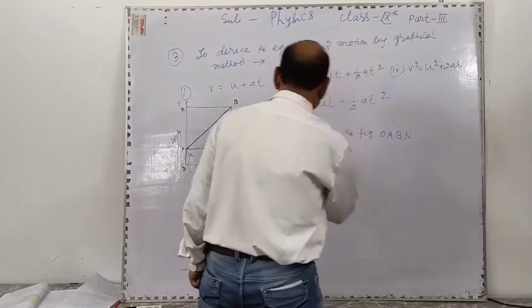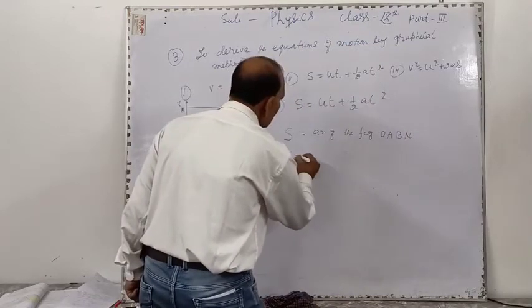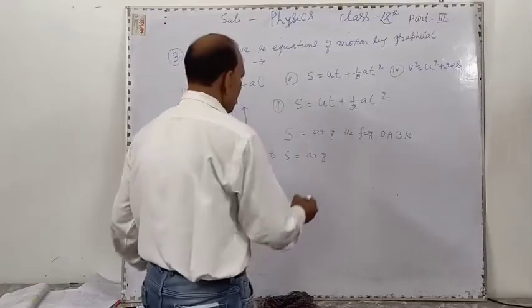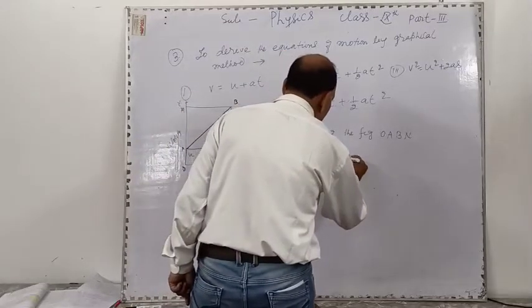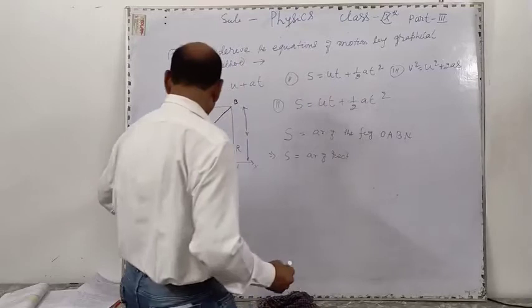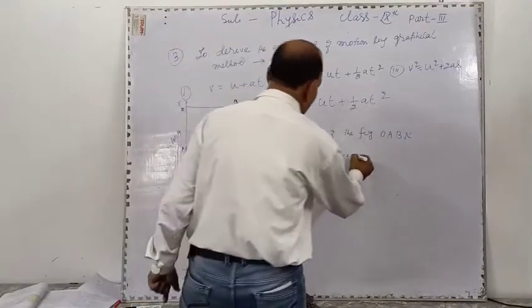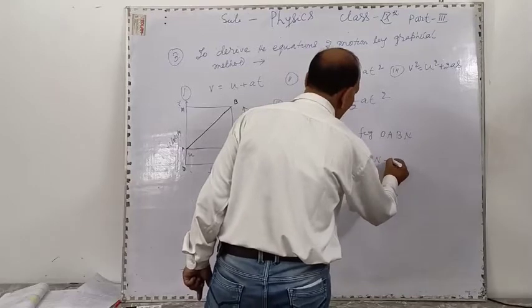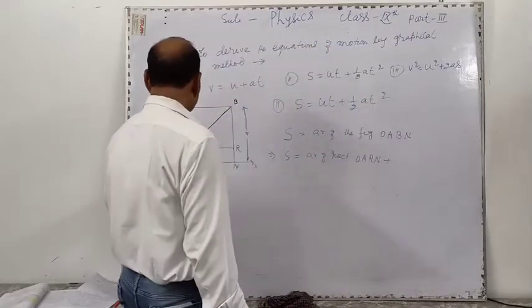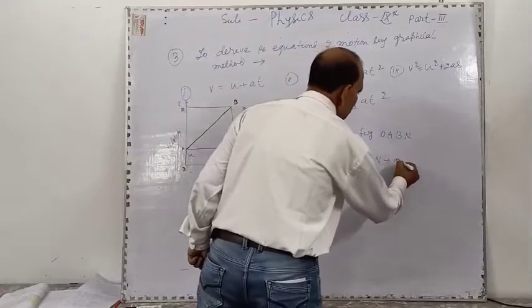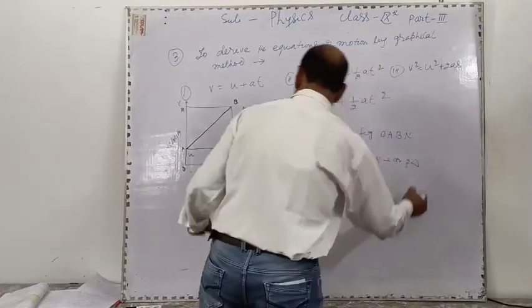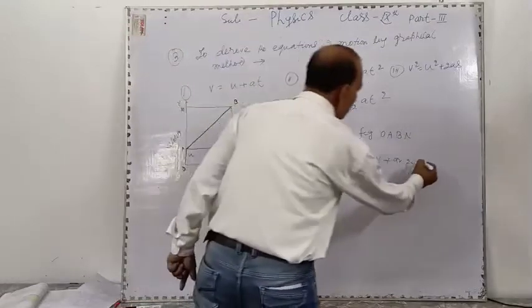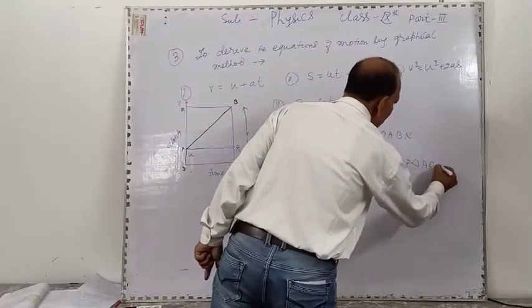OABN. That is, S is equal to area of rectangle OARN plus area of triangle ARB.